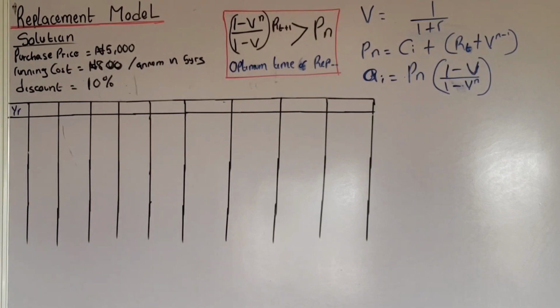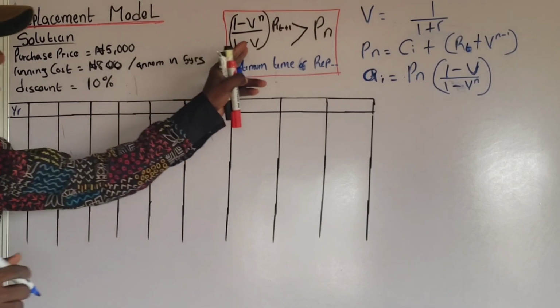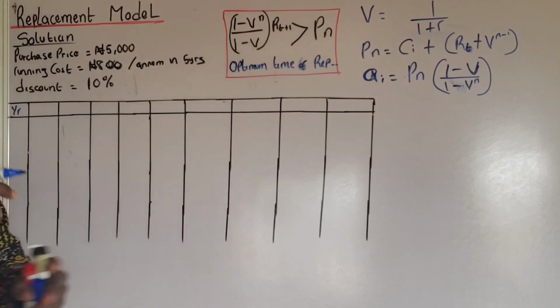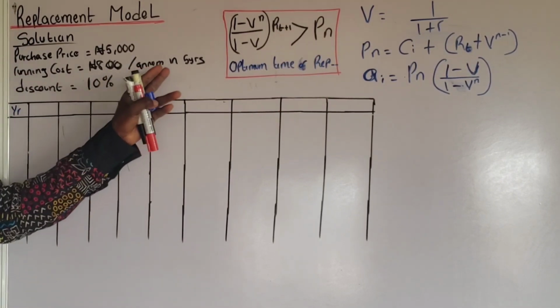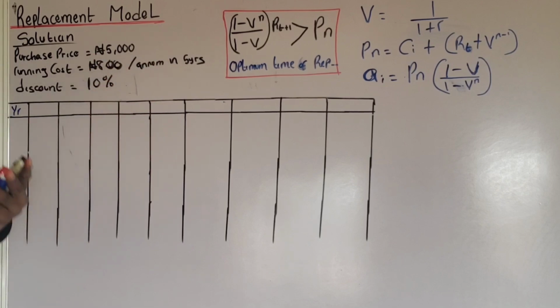Don't forget that the goal is to determine the year when this is greater than this. It might not be 5 years, it might be 10 years, but because we have been given in the question that the first 5 years the running cost is this, I'm going to start with 5 years.